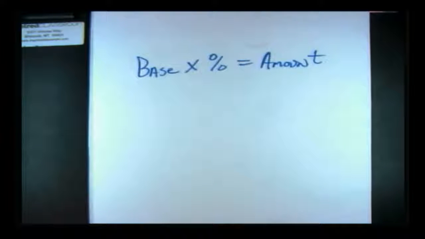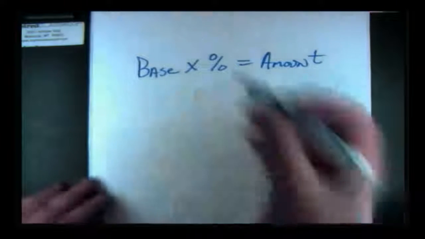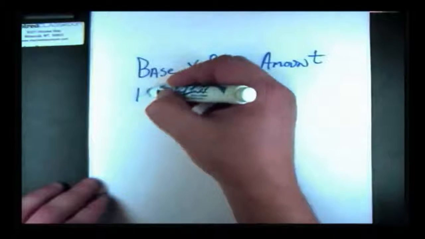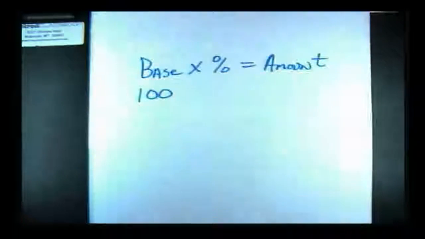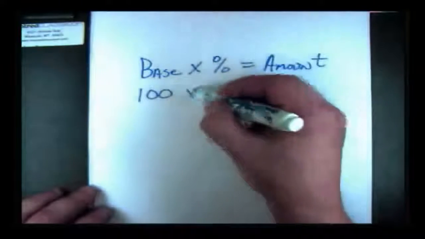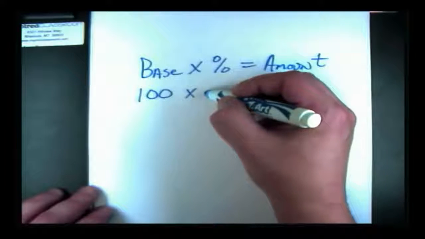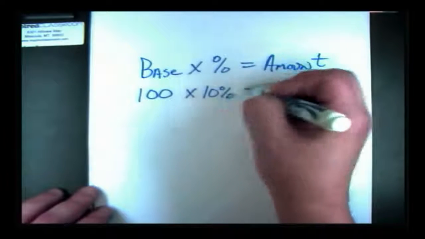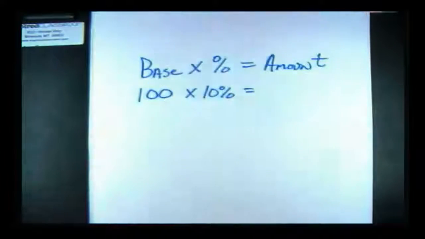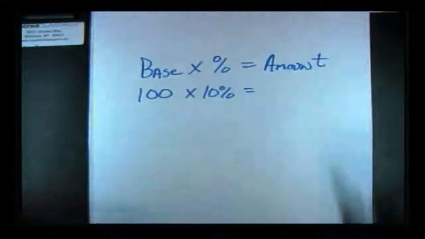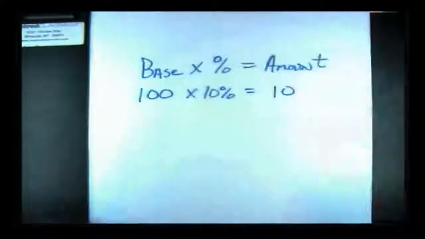The way I like to think about this is if I'm going to buy a $100 pair of shoes and they are on sale for 10% off, what is the amount that I can take off my bill? Well, that's the $10 right there.